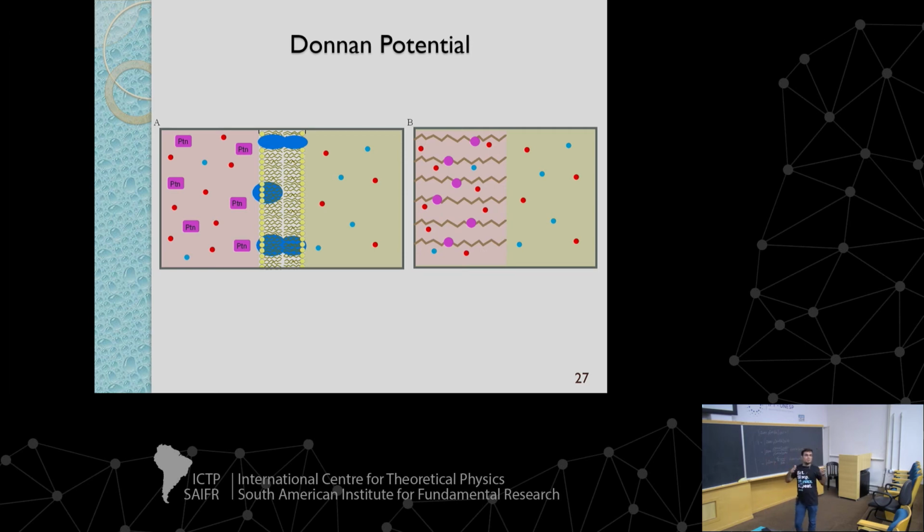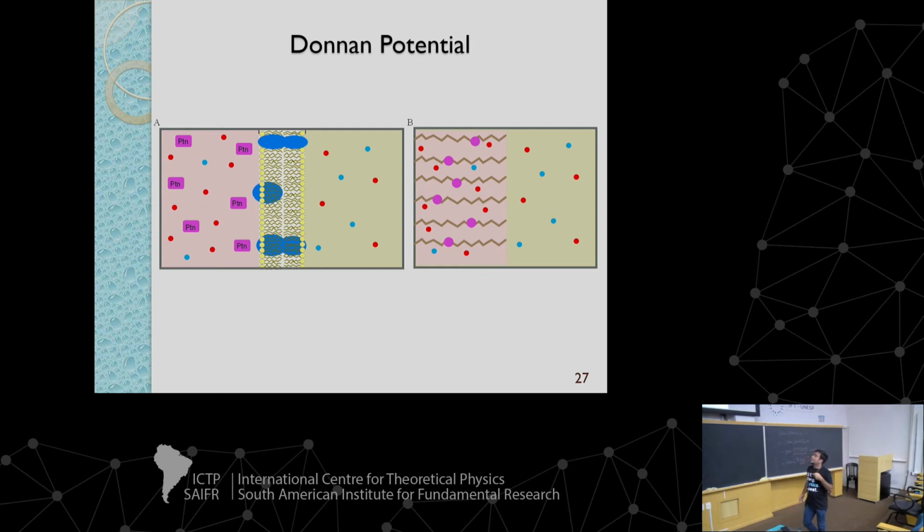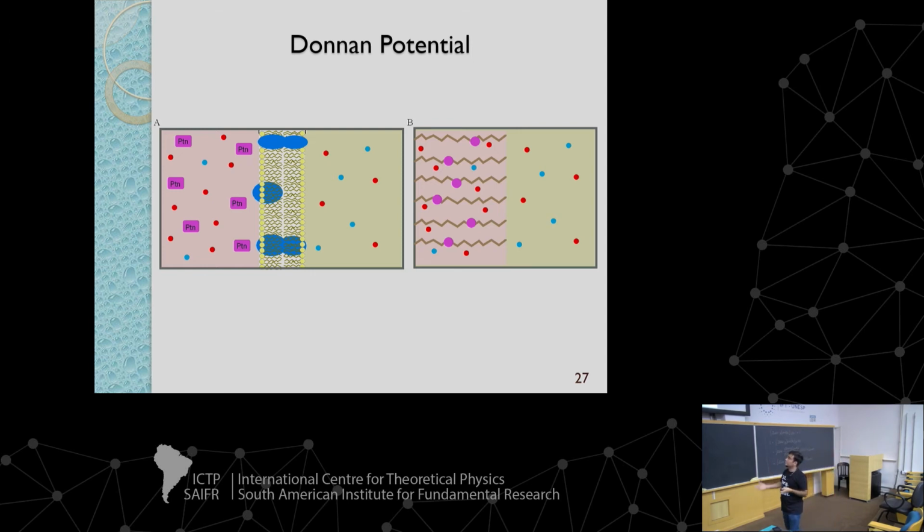Usually in the literature, what people do is try to predict the Donnan potential by fixing the concentration of ions inside and outside the cell. So they say that they are reproducing it. But we could do that by using a continuous approach, and I'm going to show some details in the next slides. And Natalia is going to talk about this today in the afternoon as well.